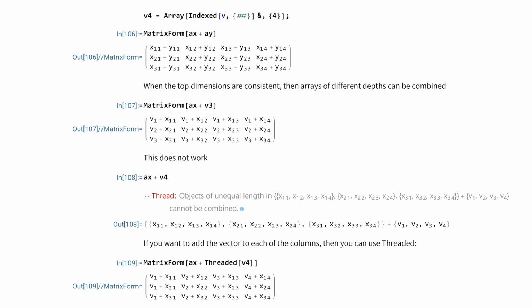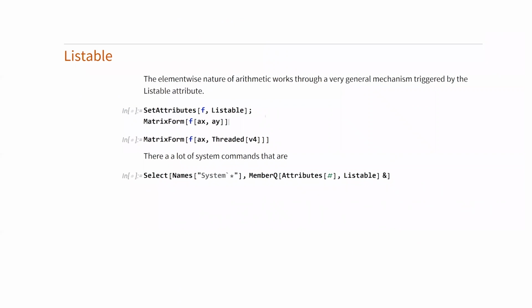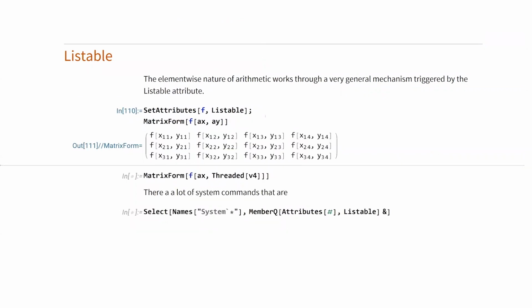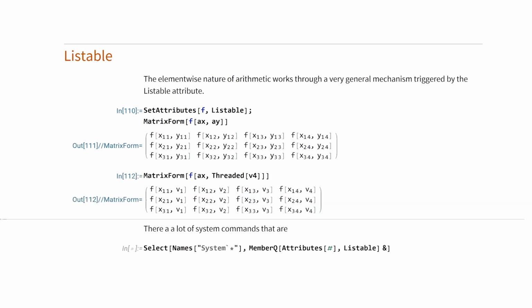So this Threaded wrapper allows you to do operations which before were somewhat inconvenient. The way this all works is through an attribute called Listable. I can set a function to have the Listable attribute, and it applies F to the elements. And again, I can do Threaded V4, and it applies to the elements.